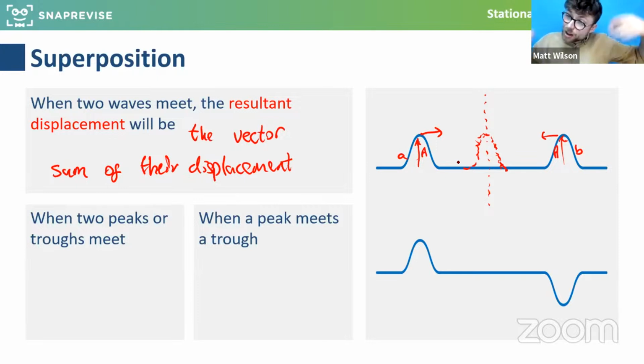So here they both point up, we add them together, and we'll get a bigger displacement. And that combined wave will have an amplitude of, well, what will be the amplitude of this wave? We've got to add their displacements together. So if they've both got a displacement of A, what is the displacement of the combined wave?